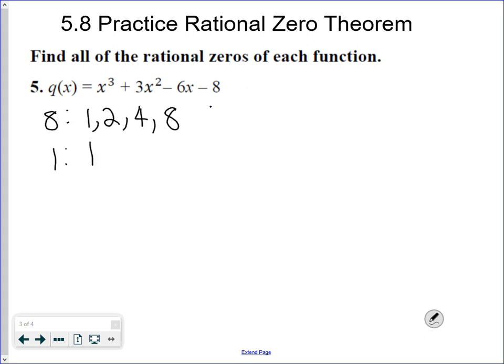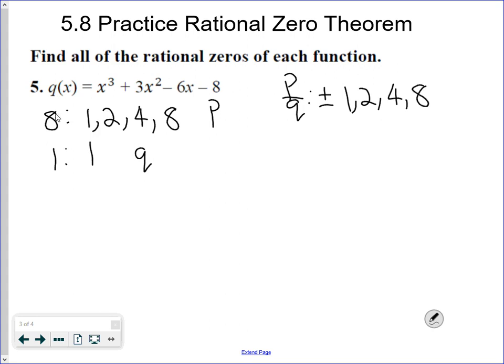This is my P, this is my Q. I want to find all the possible P over Q, so I'm going to write them on the side here. It's always going to be plus or minus: 1 over 1 is 1, 2 over 1 is 2, 4 over 1 is 4, and 8 over 1 is 8.